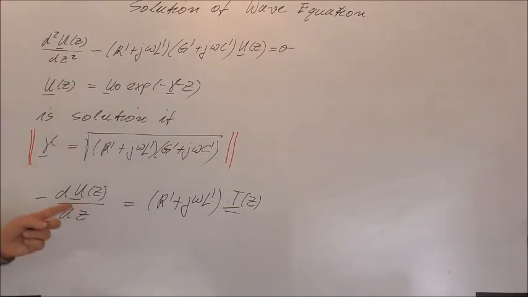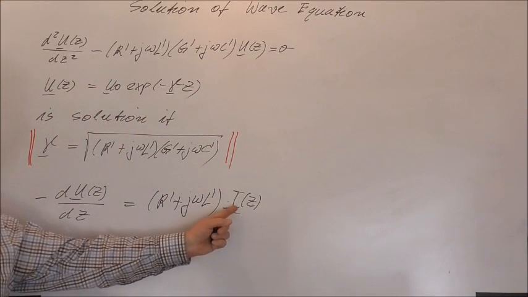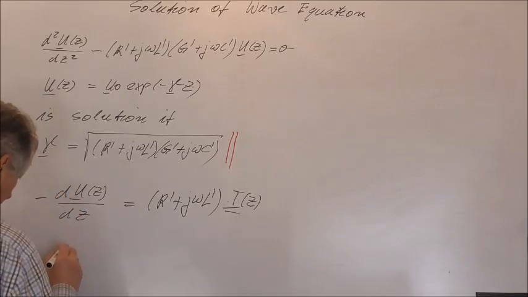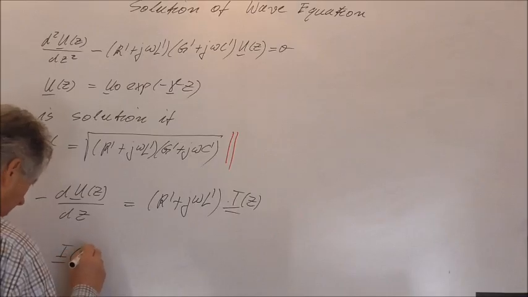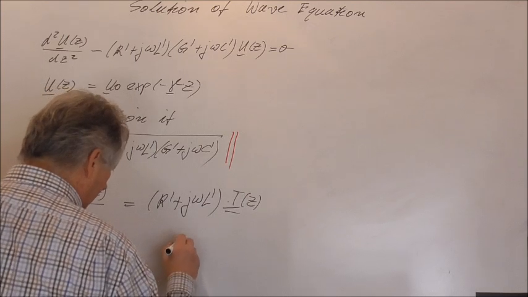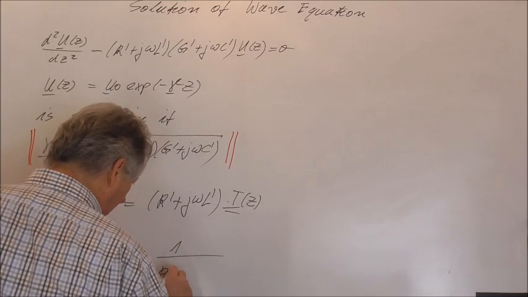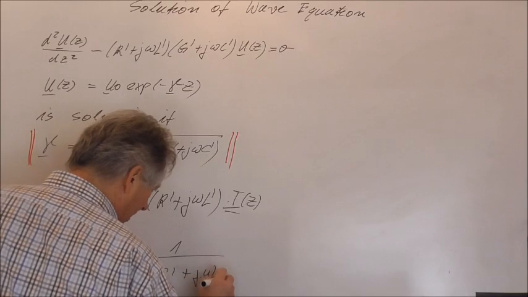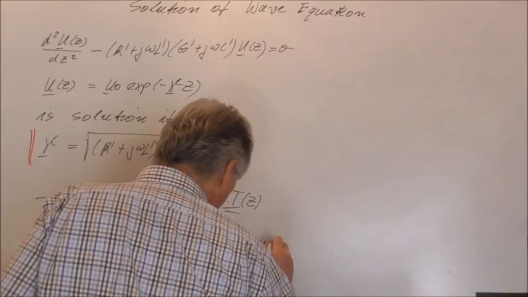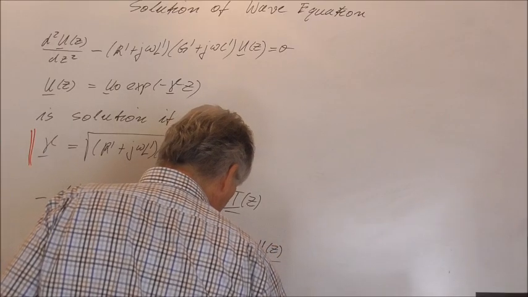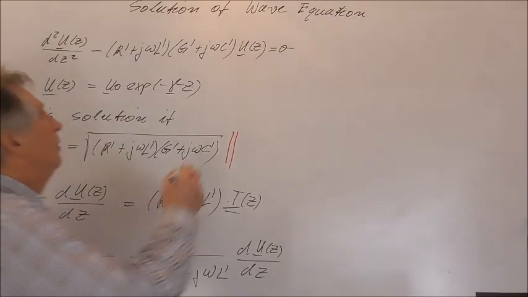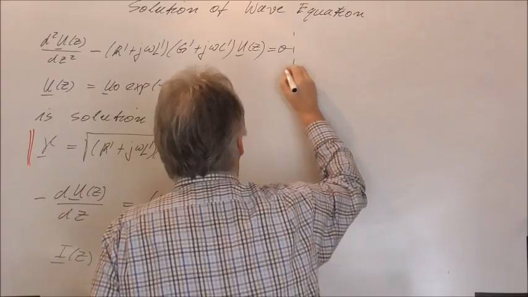Of course, now we can solve this equation for the current, and we will see that I(z) is given by minus 1 over (R' + jωL') times the derivative of u(z) with respect to z.